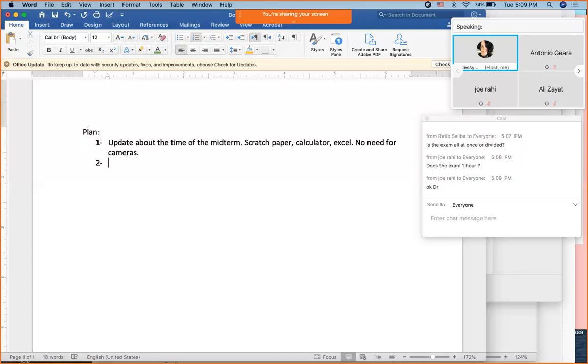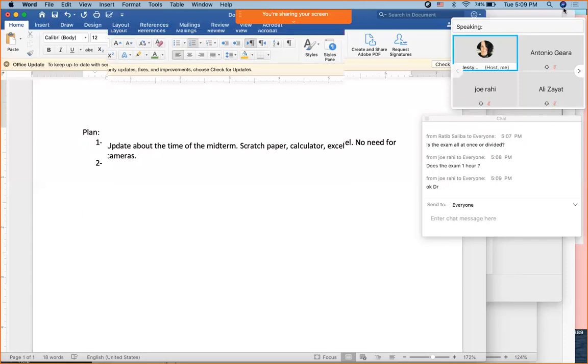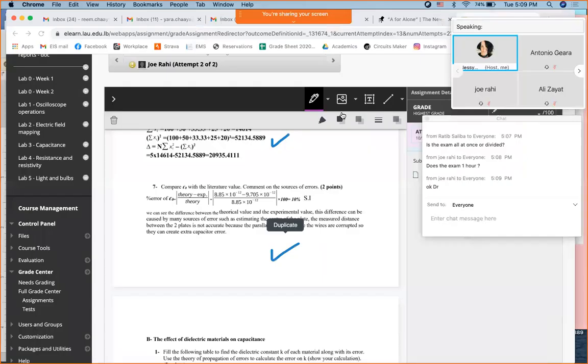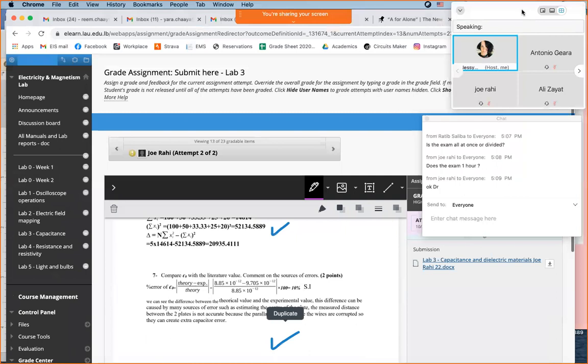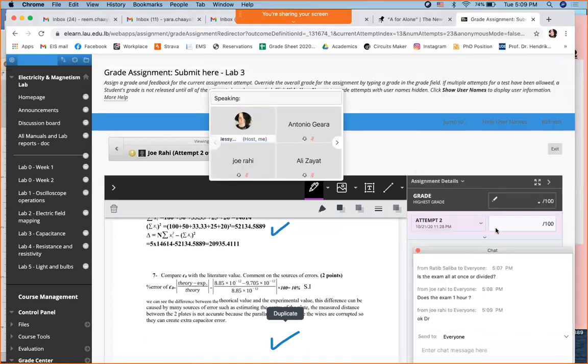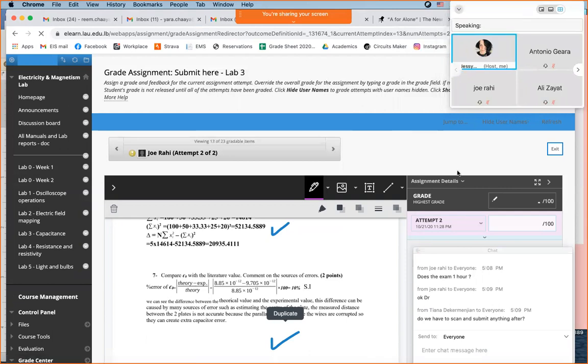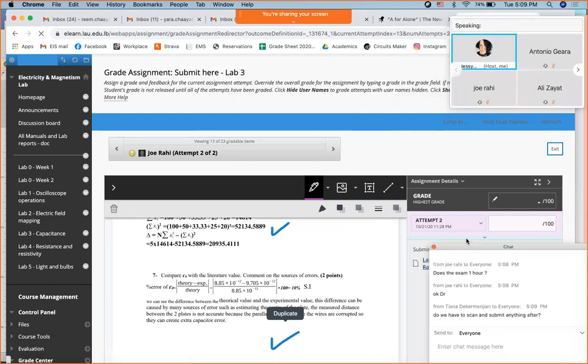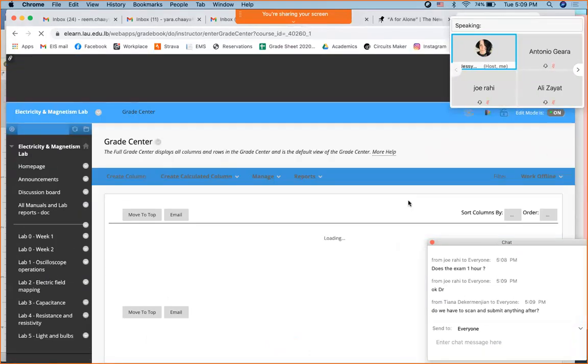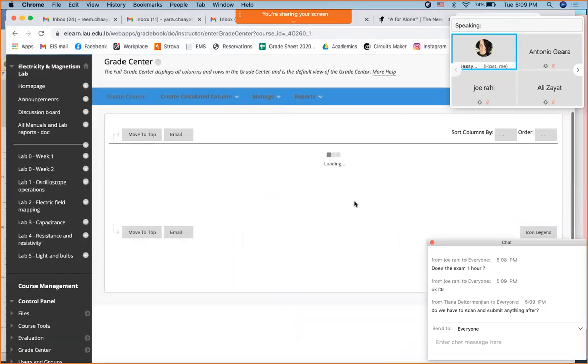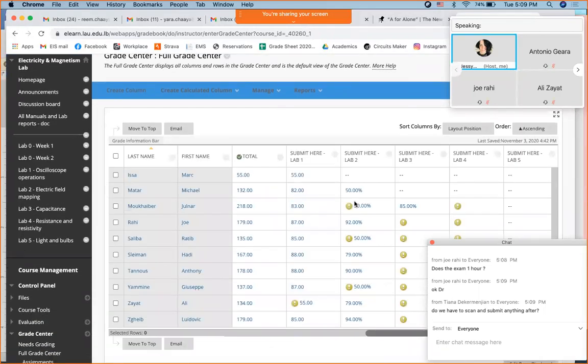I want you please to read the notes on your lab reports. Let me show you where I am in the grading. This is Joe's work, and I'm going to come back to it later. Let me exit and show you the grades. I'm a little bit behind, because I couldn't do any correction this morning.